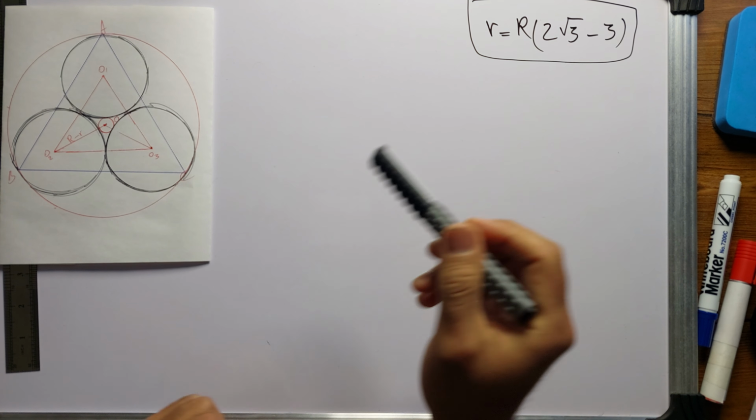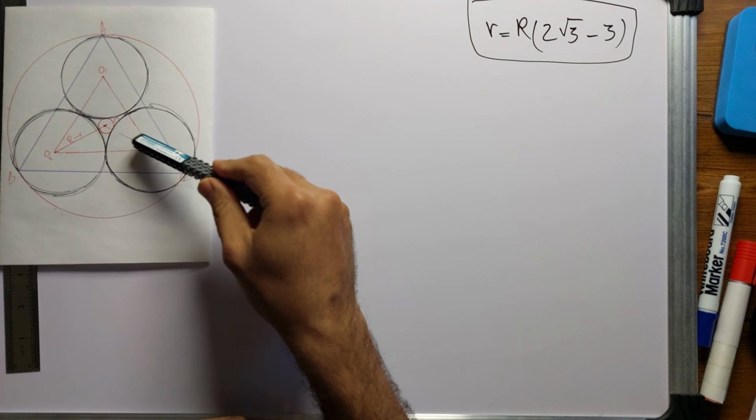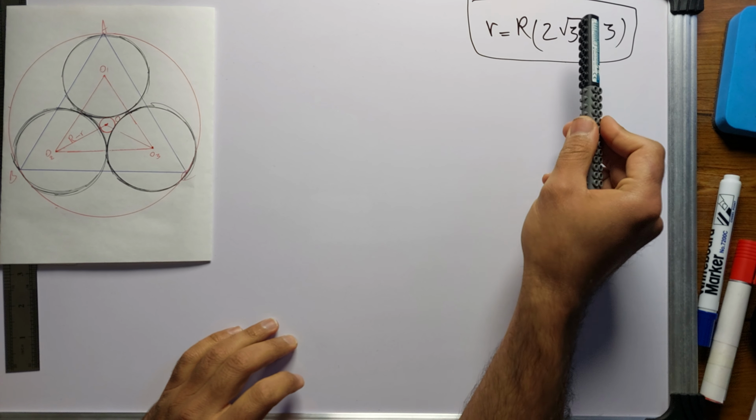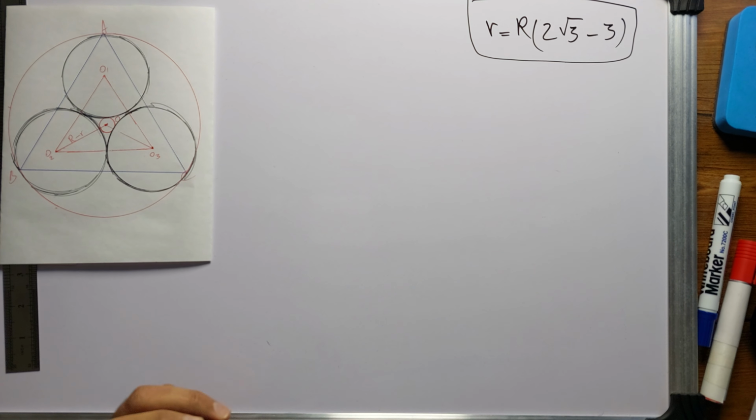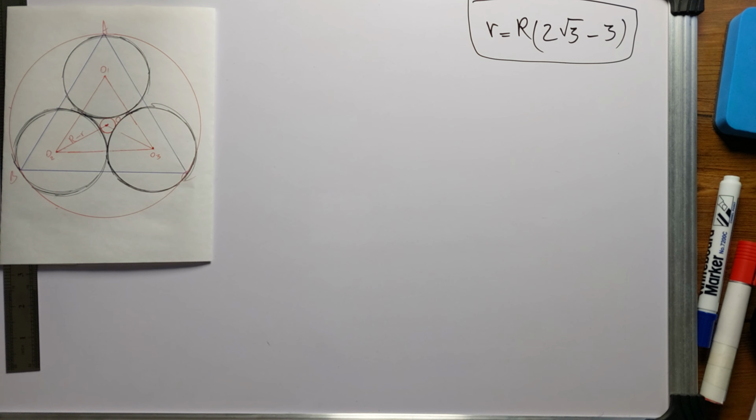So now we found that r, the small circle radius, equals the big R times (2 square root of 3 minus 3). Now the next step is trying to find out the radius of this inner Soddy circle, which kind of touches the Descartes theorem. So here we talk a little bit about the Descartes theorem.